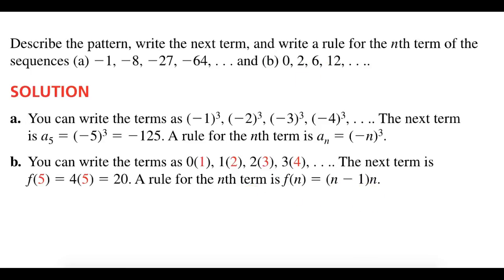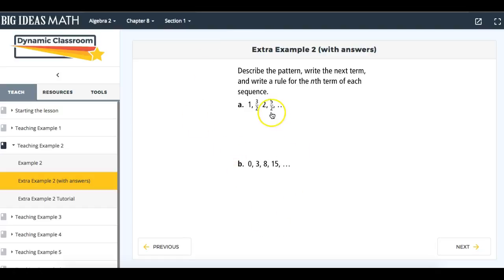Now, what I want you to do for this problem is describe this pattern, but you don't have to write the description down in words. I don't want you to type in your description. What I do want you to do is write the next term and then write a rule.